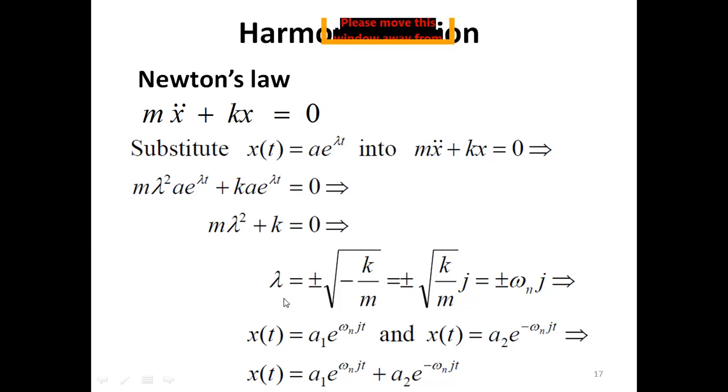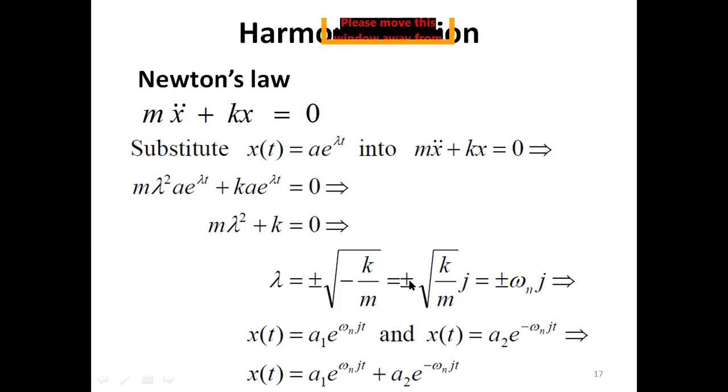So using the quadratic formula, lambda is equal to plus minus under the root minus 4 k m, over 2 m. The quadratic formula you already know. So here a negative sign is there, and under the root minus 1, we could take as iota or j.